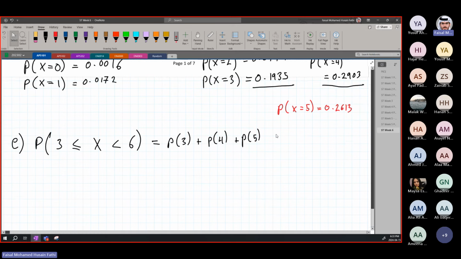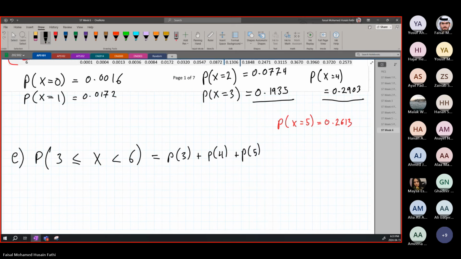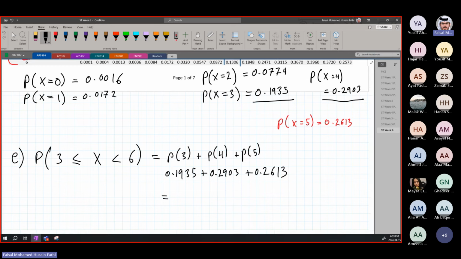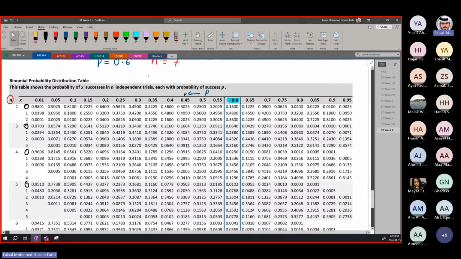Now we can plug in all the numbers: 0.1935 plus 0.2903 plus 0.2613, and we get 0.7451.